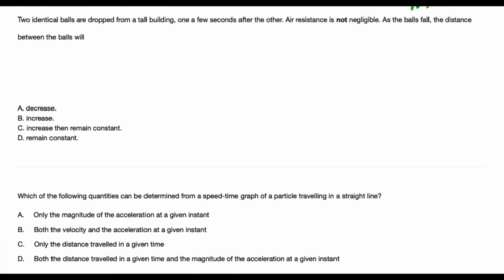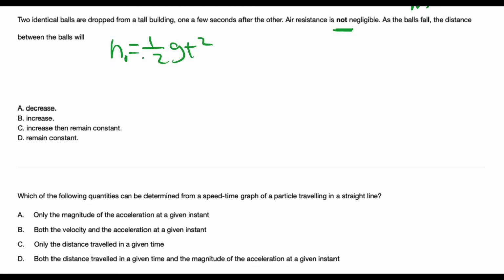Two identical balls are dropped from a tall building, one a few seconds later than the other. Air resistance is negligible. As the balls fall, the distance between the balls will do what? So we know that vertical displacement is equal to a half times gravitational acceleration times t squared.